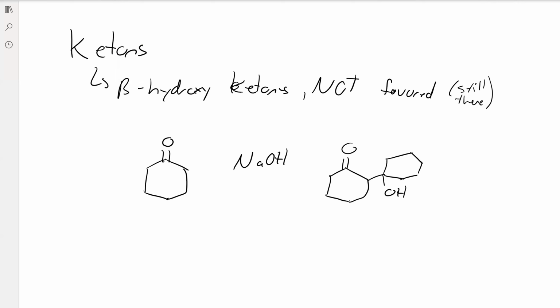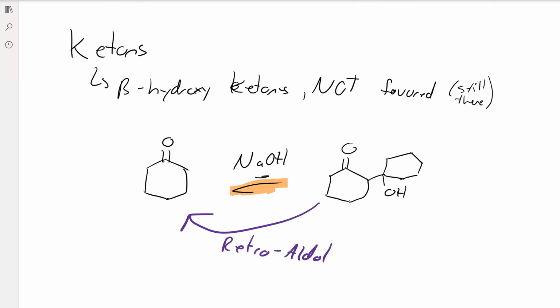Again, beta hydroxy there, but in this case, it would not favor the product. The reactants would be favored. And of course, this is at equilibrium, so we can do an aldol addition. We could do a retro aldol as well. Think about the mechanism there. You'll be asked for one of them in the work along.